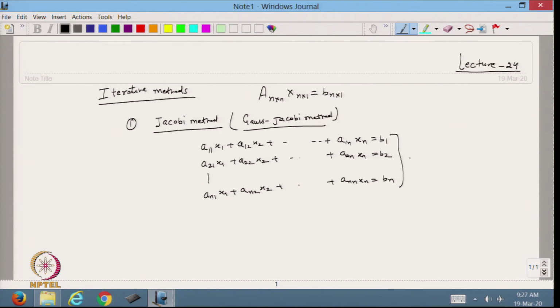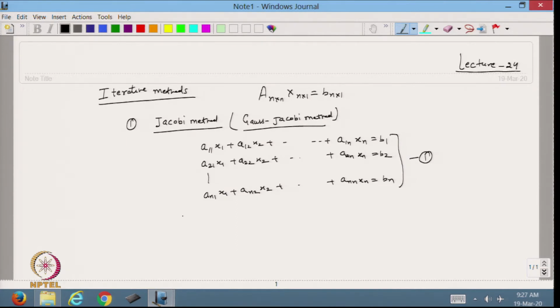So this is my system of equations. In this case I will reduce this matrix in such a way that I can write a code for that, and with the help of the initial condition I should be able to find the solution.